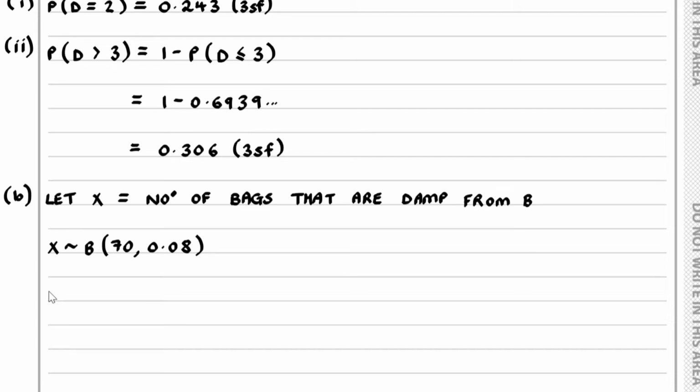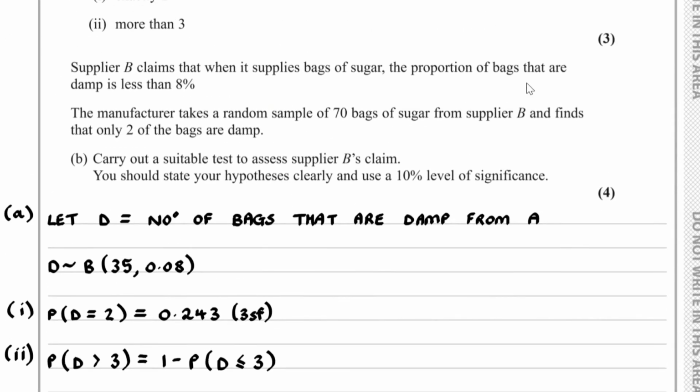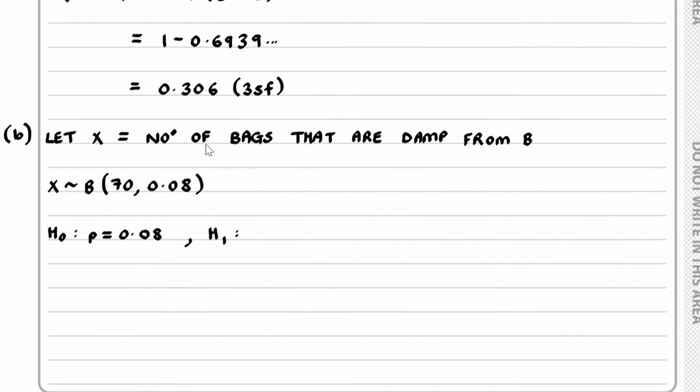Our null hypothesis H0, we have P equaling 0.08, but then for our alternate hypothesis, well, supplier B is claiming that the proportion of bags that are damp is less than 8%.